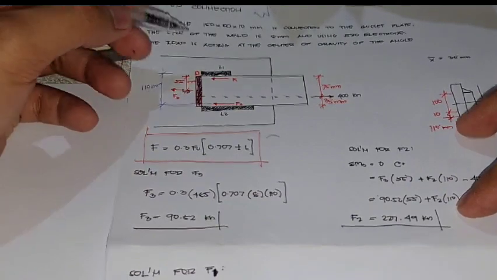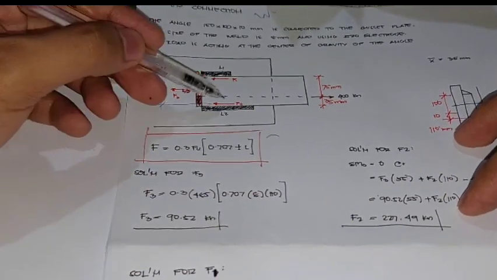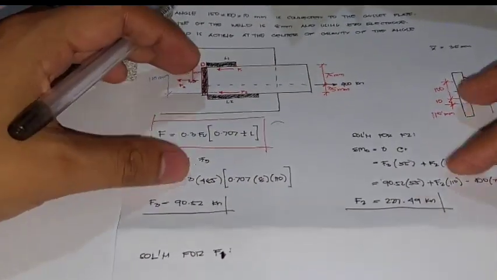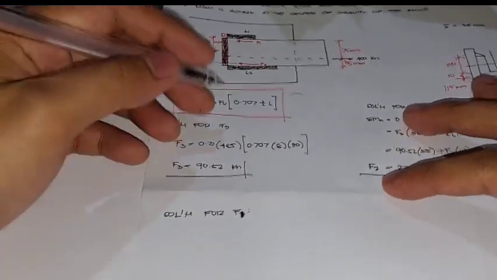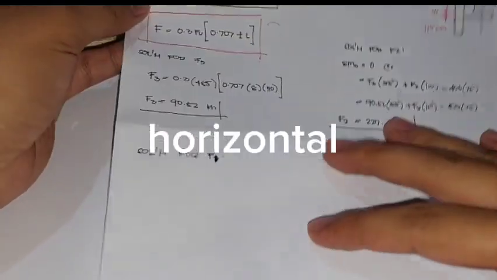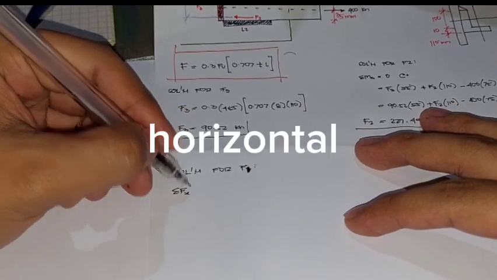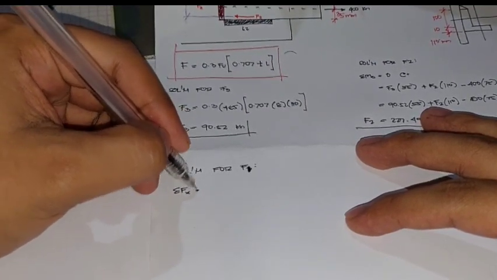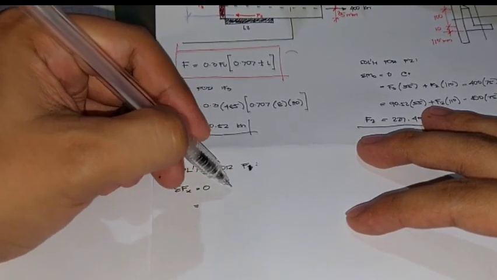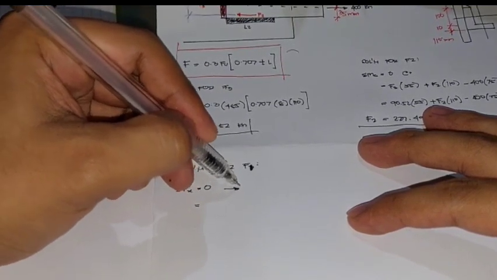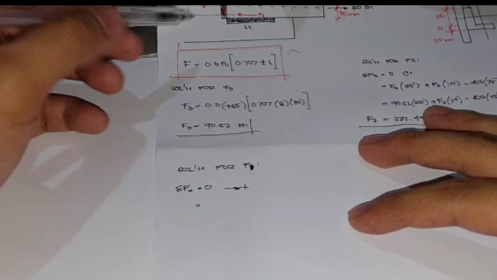But to make it easier, since we already have the values of F3, F2 and the 400 load, take the summation of forces horizontally. The summation of forces is equal to 0, to the right positive.